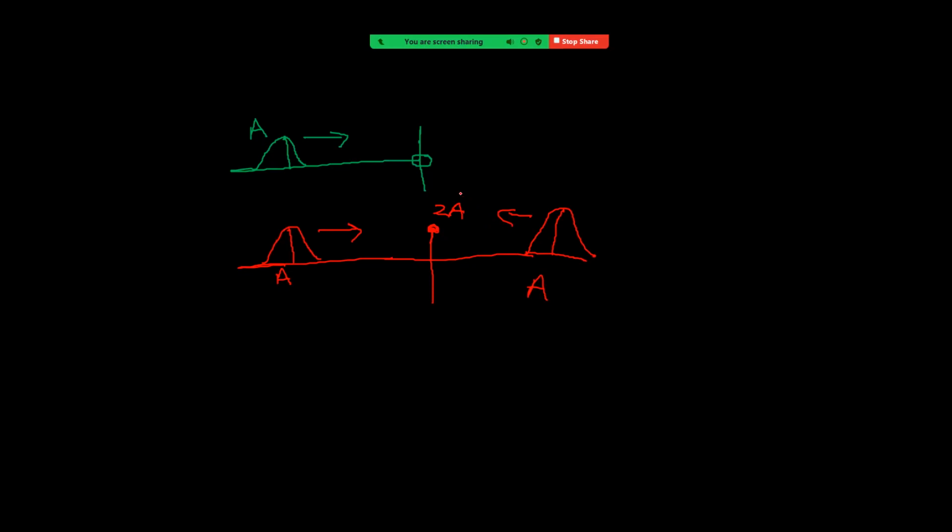That means after reflection, the pulse will propagate to the left side like this. That means there is no change in the shape of the pulse. In the earlier case, we have seen when it is fixed at one end, the shape gets inverted.